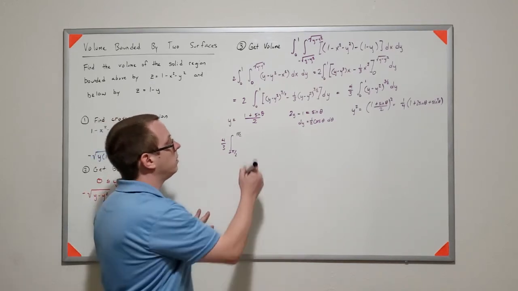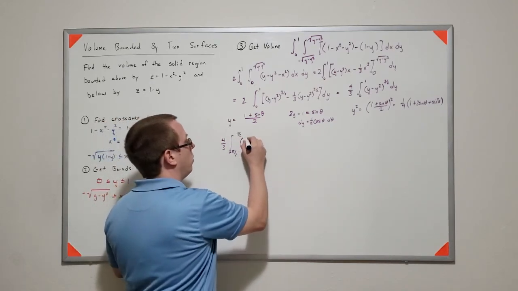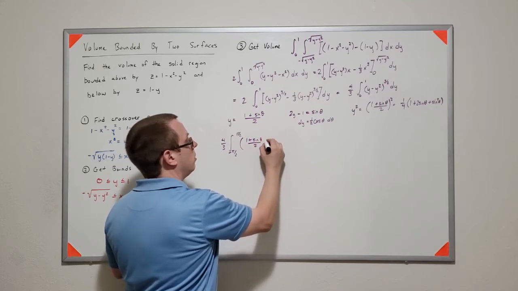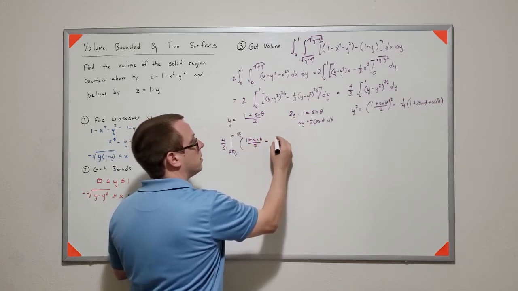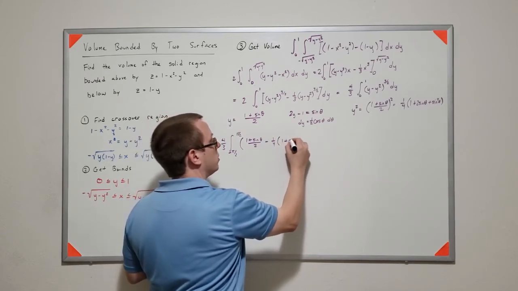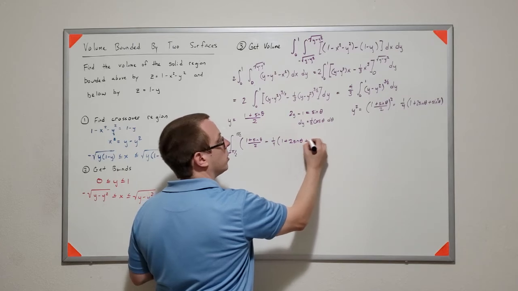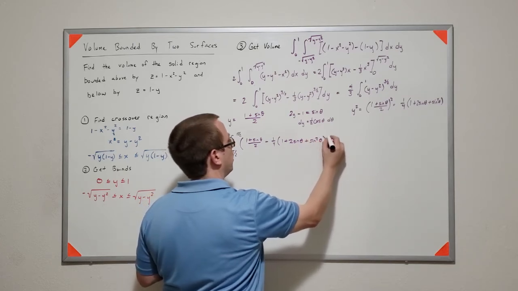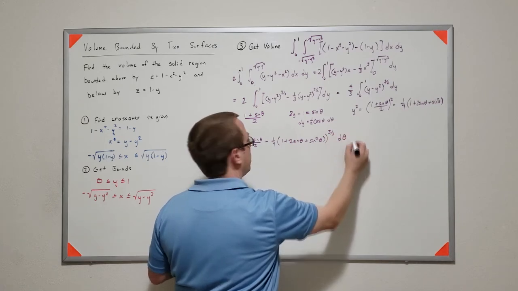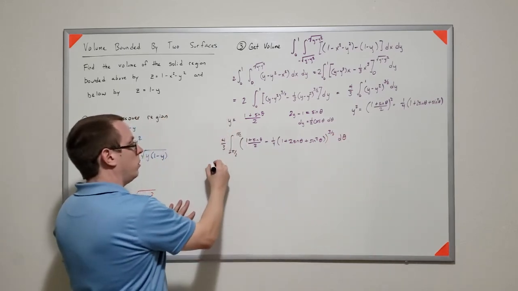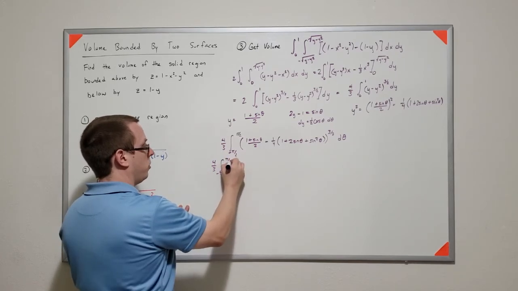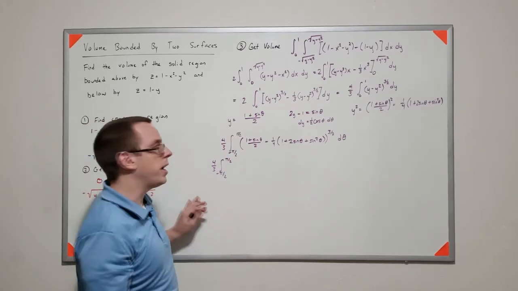Plugging in, we now have (1 plus sine of theta) over 2 minus 1/4 (1 plus 2 sine theta plus sine squared theta) to the 3 halves d theta, which is 4/3 from negative pi over 2 to pi over 2. So I'm going to do some quick algebra here.